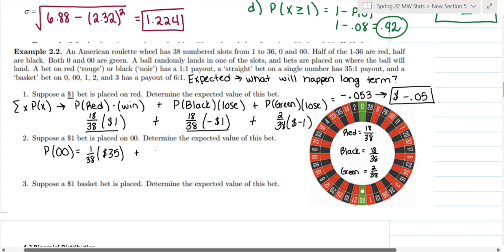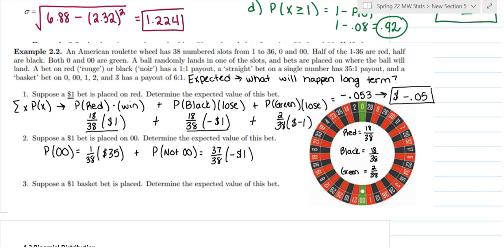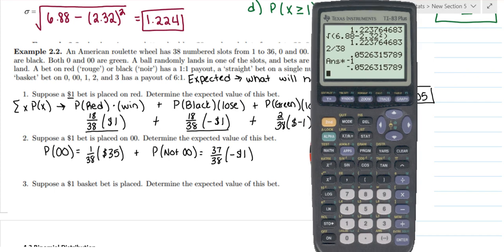And then here, this would just be plus the probability that you don't get 0-0, which is a 37 out of 38 chance. But I only lose $1 if that happens. Okay, so here I would do 1 out of 38 times 35.